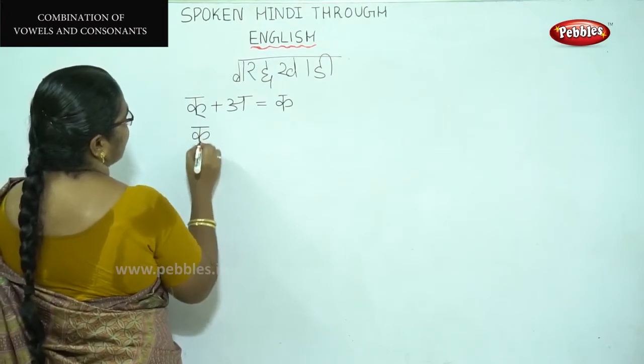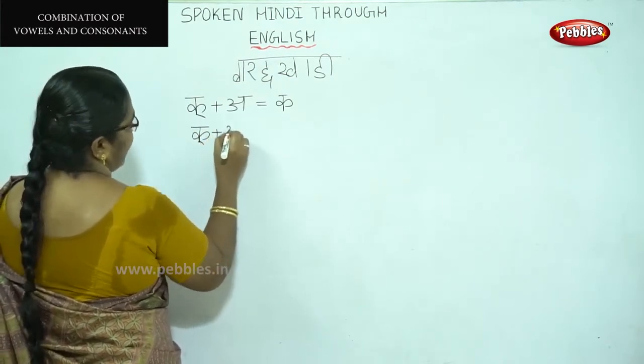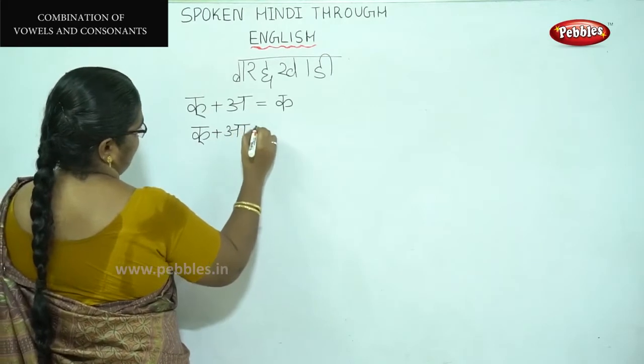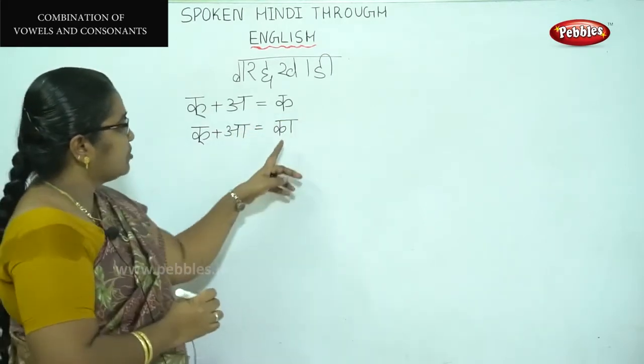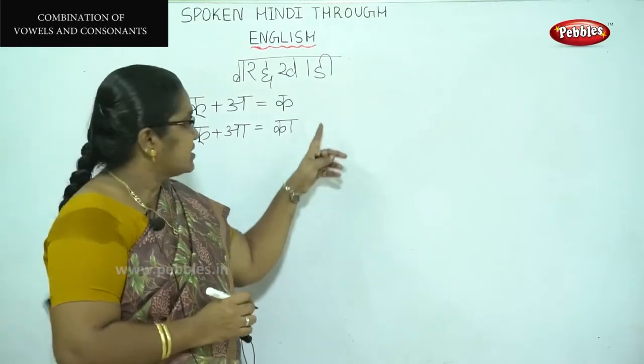Ik plus a is called ka. We have to put a line here. This is ka.